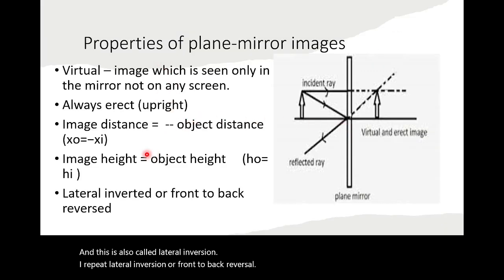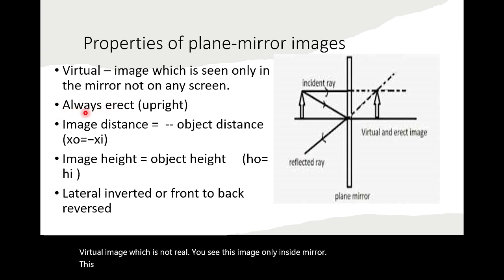Now, here is the summary of properties of plane mirror images. This is the first one. Plane mirror always makes a virtual image which is not real. You see this image only inside the mirror.